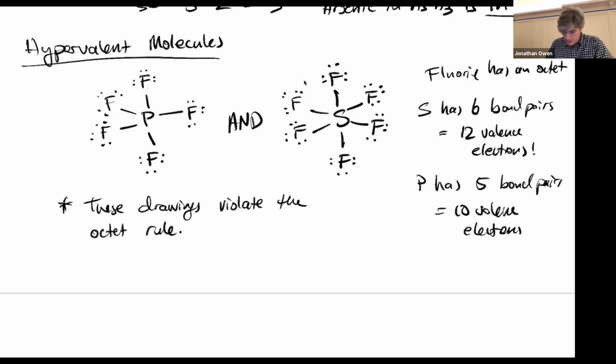Now you must be thinking, well, I draw stuff like this all the time. And I'm telling you, for the purposes of the homework, you should not. The homework instructions say, do not violate the octet rule. So if you draw these structures on your homework as an answer, you'll be marked wrong.